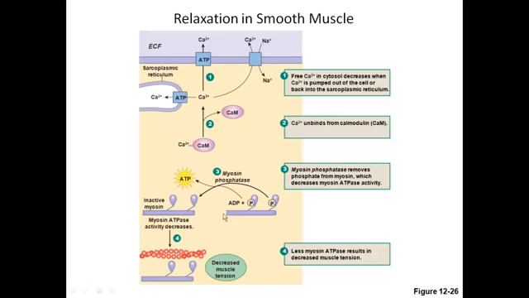So we go from an active myosin ATPase to an inactive ATPase. So our activity decreases, our myosin heads can't bind to our actin, and we don't have the ATP around or the phosphorylation in the myosin heads to induce the power stroke. So the myosin releases the actin and we get decreased muscle tension.